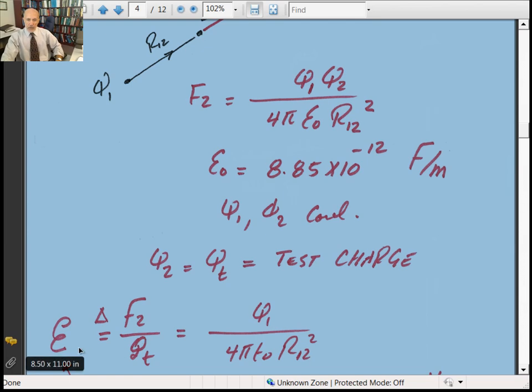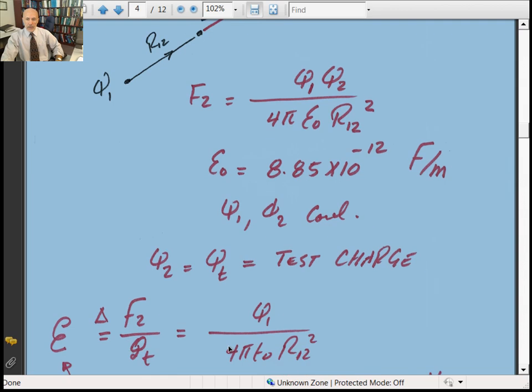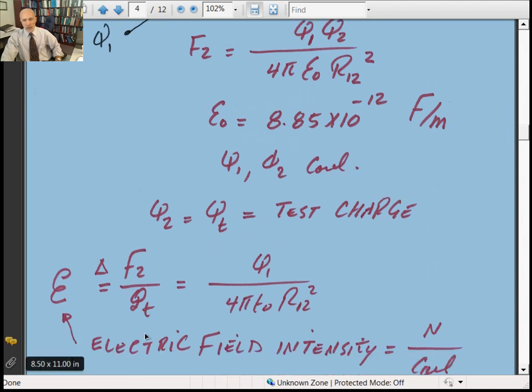By definition, that's the electric field, because a force per unit charge is by definition equal to electric field. Now it's only a function of Q1 only. So if there's a charge, then definitely you have some kind of electric field. And that electric field does have some kind of a force, which can be calculated per unit charge. So electric field intensity, E, is newtons per coulomb, and that's force per unit charge.